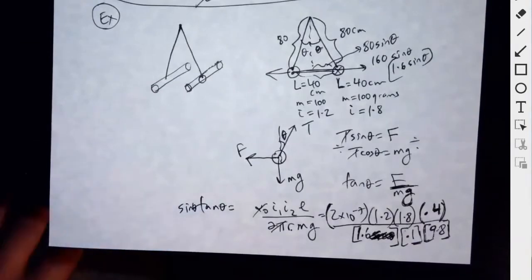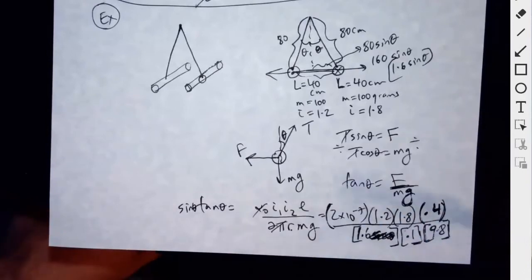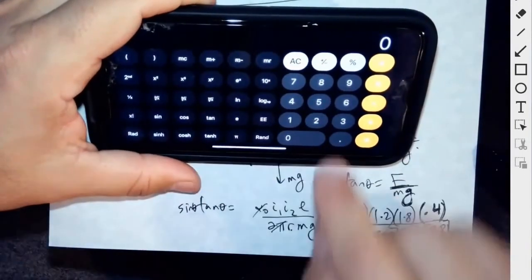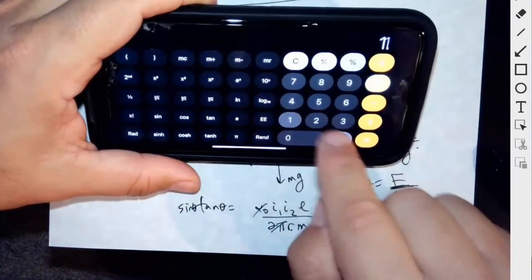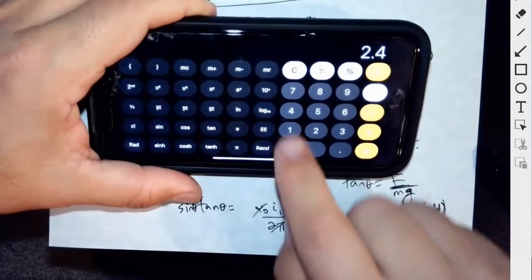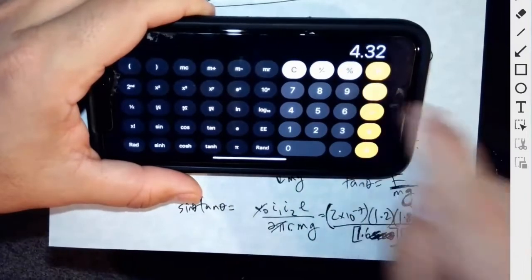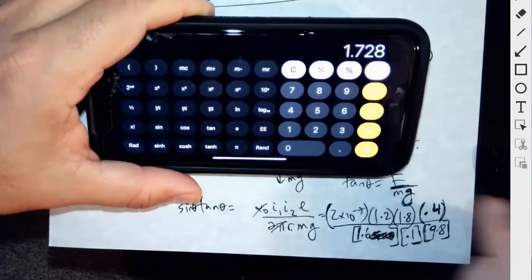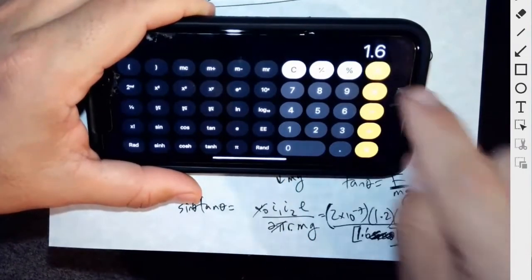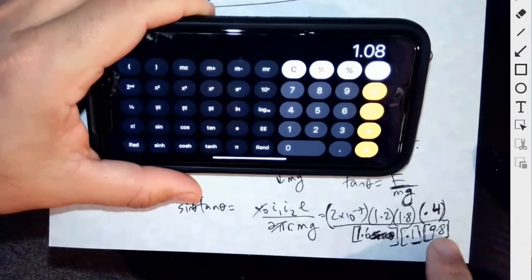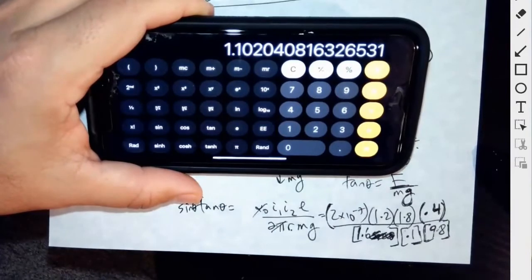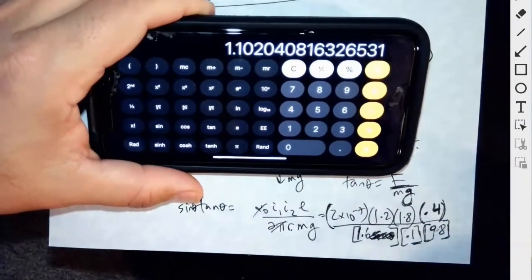Sine tangent, you can just keep it as sine tangent. Okay, then let's just calculate this. Ten to the minus 7.